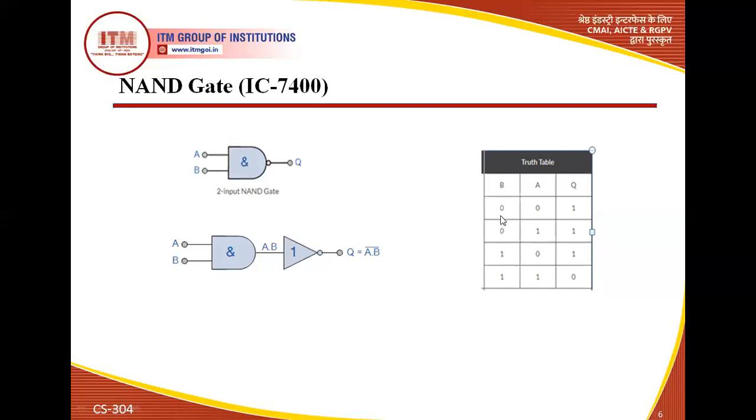So when we take the inputs A and B as 0 0, we get 1, that means high voltage. For 0 1 and 1 0, we get 1, and for 1 1, we get 0.